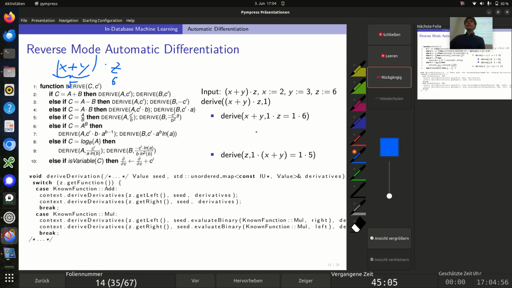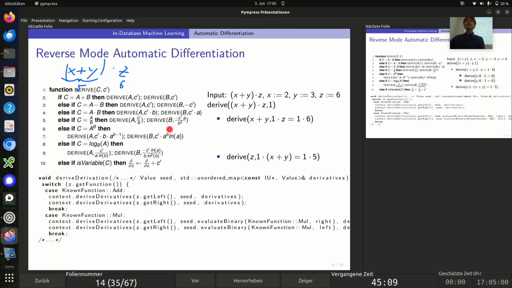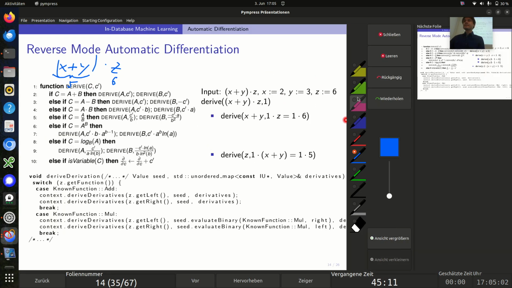Okay, and then again we can see, for example, for the left side, for the right side. Let's start with the right side. Like the right side, we had the set here, so we have only a variable. So we reached this case. Then we can say, okay, actually the seed value is the derivative. So now we have computed the first derivative.